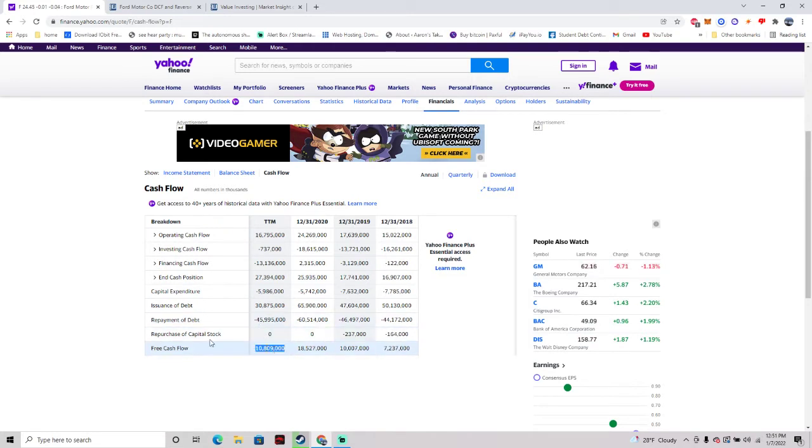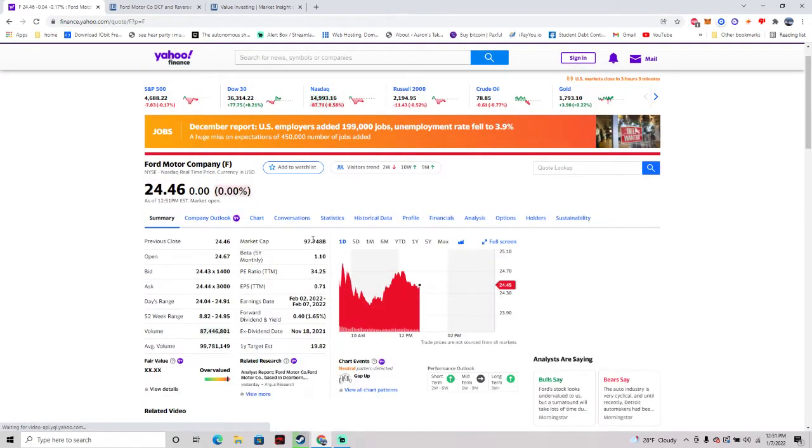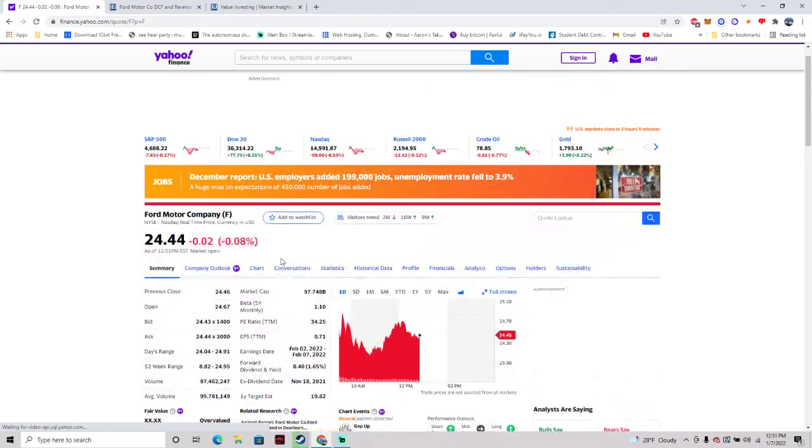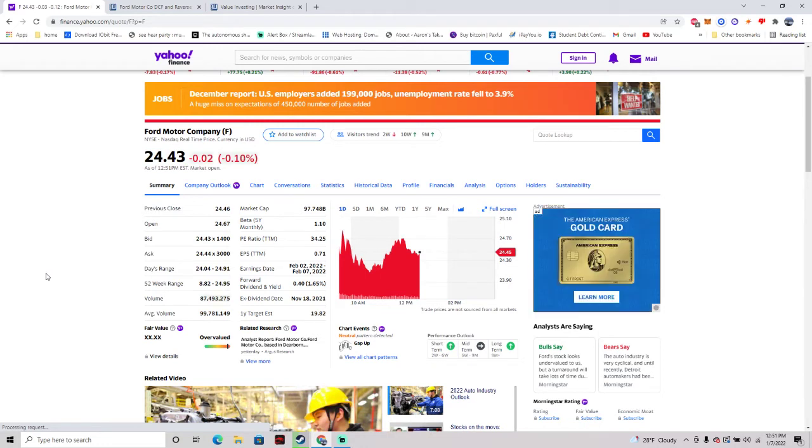So we take 11 billion, that's our most recent free cash flow. And then we see a market cap of 97 billion. So if you were to buy the company right now, and just for example's sake, clarity's sake, we just assume that the earnings from the trailing 12 months won't go up. So you buy the company now, and then for the rest of the company's lifetime, it's just going to make $11 billion per year.